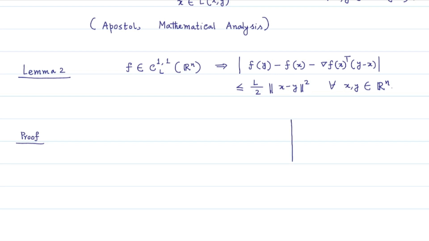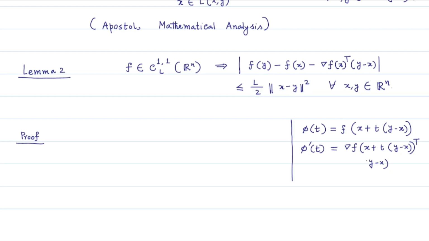Let us suppose we define a function phi, a function of one variable, given by phi(t) equals f of x plus t times (y minus x). As the function f is continuously differentiable, the function phi is then continuously differentiable, and the derivative of phi at t is given by the gradient of f at x plus t times (y minus x), transpose, times (y minus x).